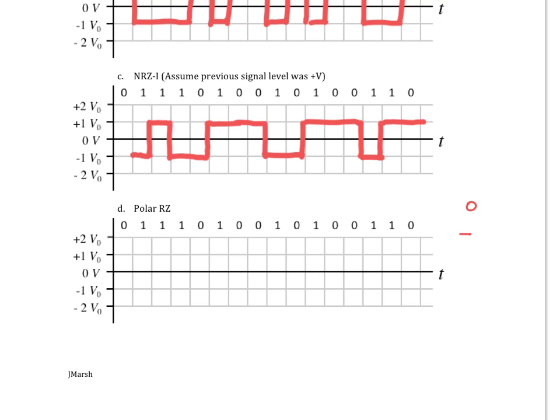So a 0 kind of looks like this within a bit period, and a 1 looks just the opposite, like that. And the 0 is at a minus. So here's the 0, both of them return to 0 at the last half of the bit period. So the zeros all look like this.